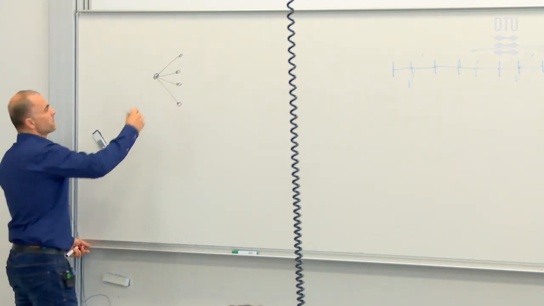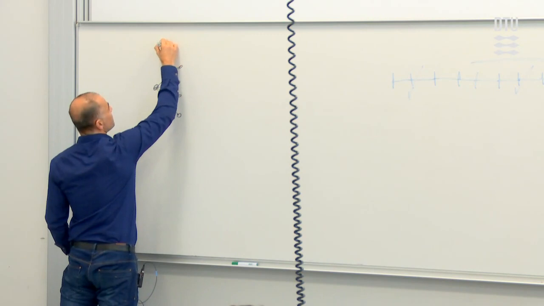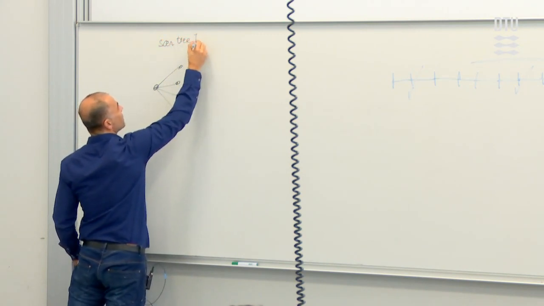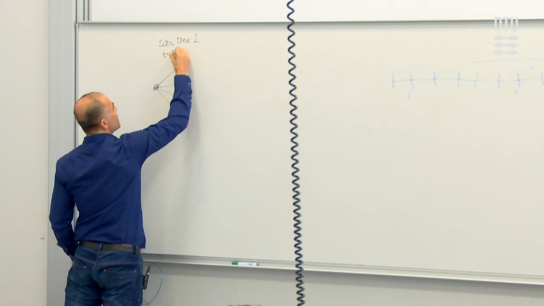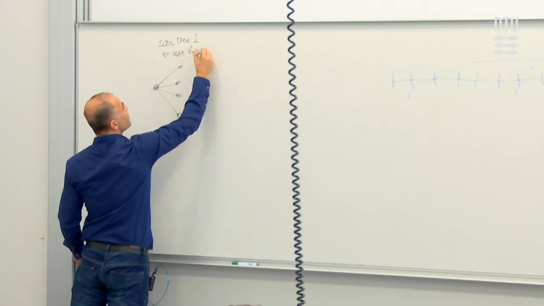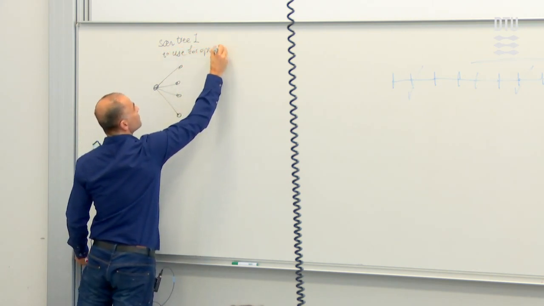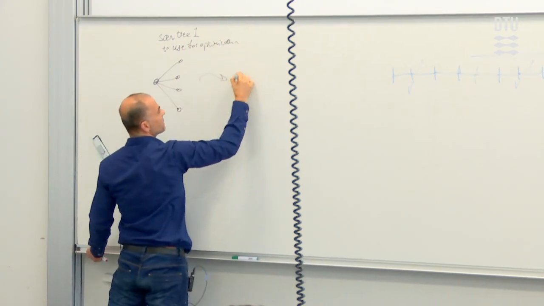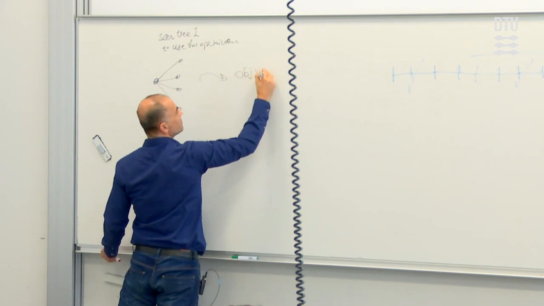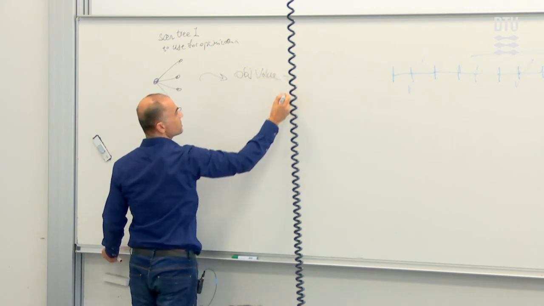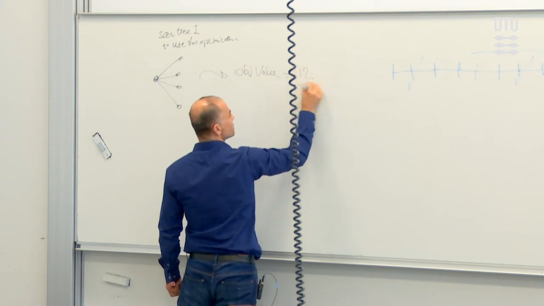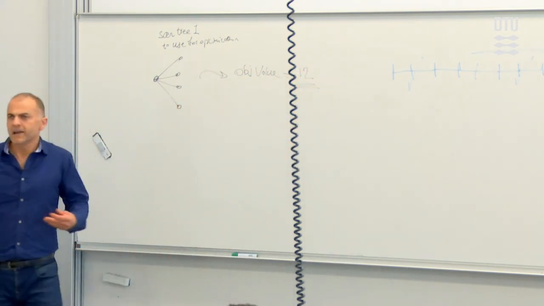That's my scenario tree 1 to use for optimization. And that gives me an objective value in my optimization model. Let's say this is 12. All right, so I have to test this 12.